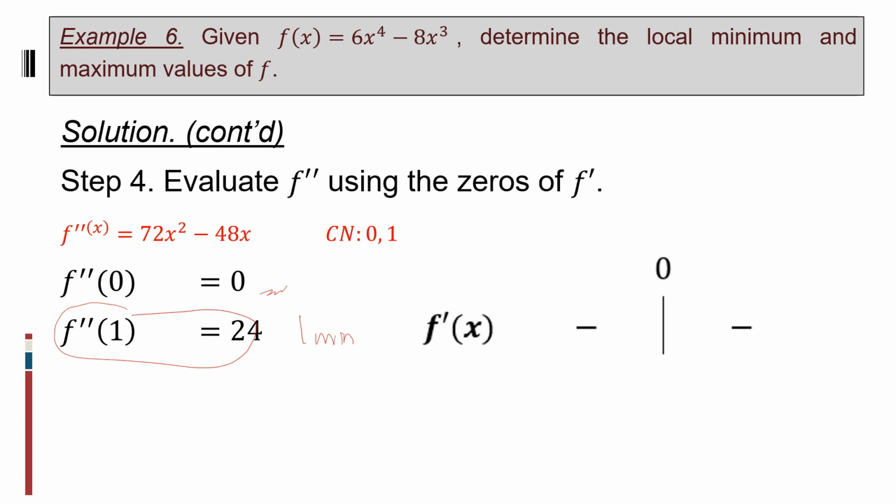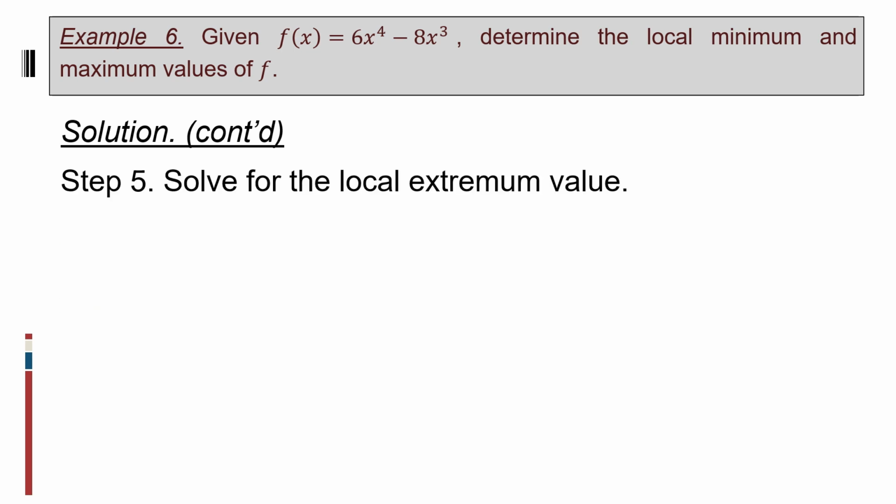However, kung babalikan natin yung first derivative test, makikita natin na decreasing siya dito at decreasing din siya dito. Okay? So, wala tayong change. Therefore, there is no local extrema at x equals 0. Only at x equals 1. And finally, solving for the local extremum value, the local minimum is f of 1 equals negative 2.